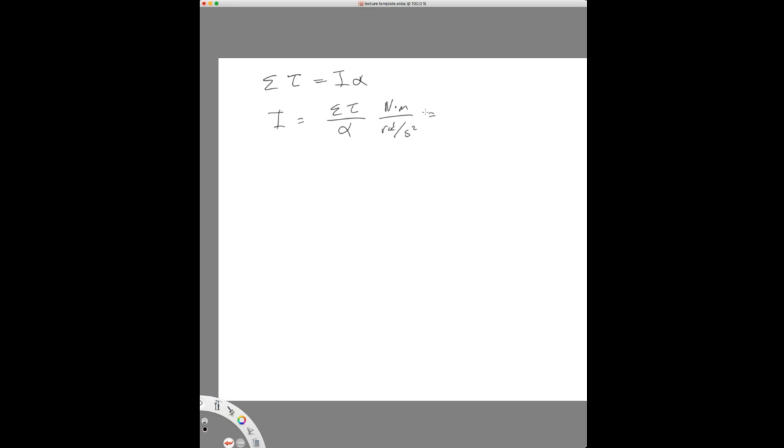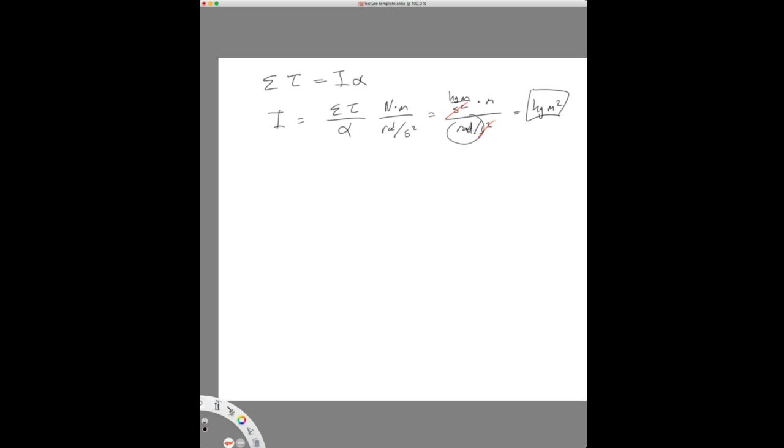So if we try to assess these units, keeping in mind what a Newton is, a Newton is a kilogram meter per second squared, and we divide by radians per second squared. The second squared parts just cancel out, and we get kilograms times meters squared, and the radians, we don't really need them.